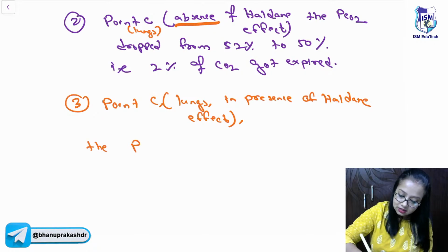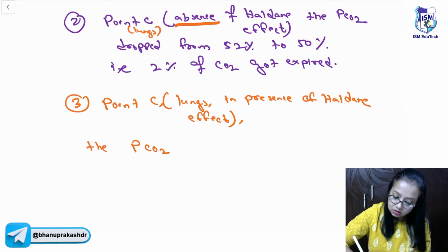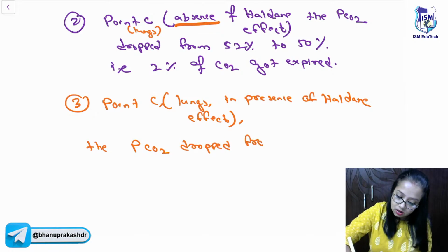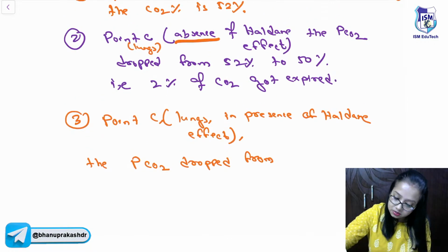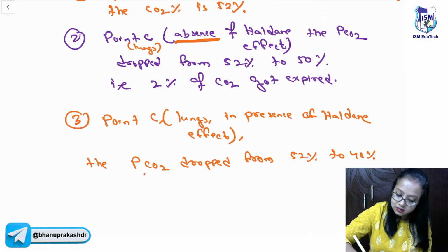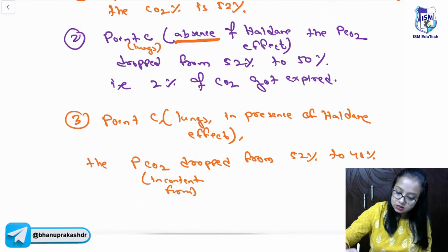We see the carbon dioxide, expressed in content form, dropped from 52% to 48%.